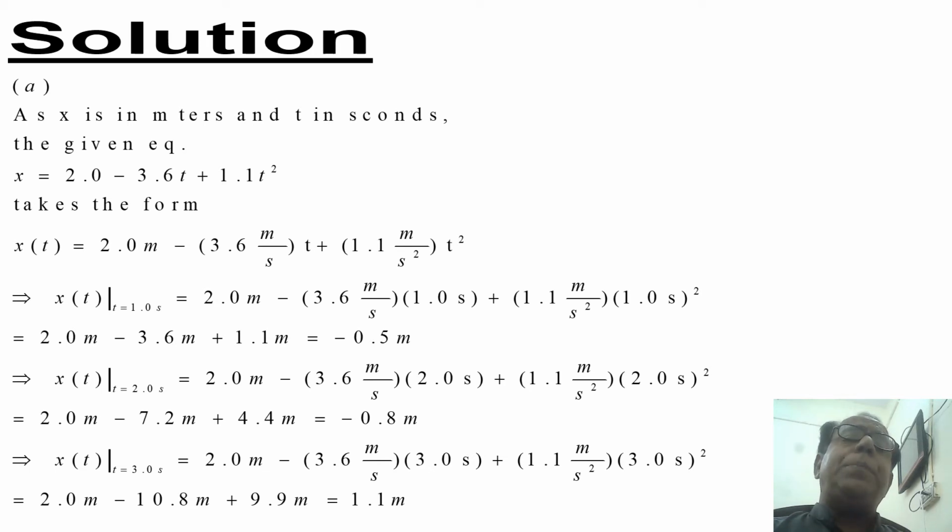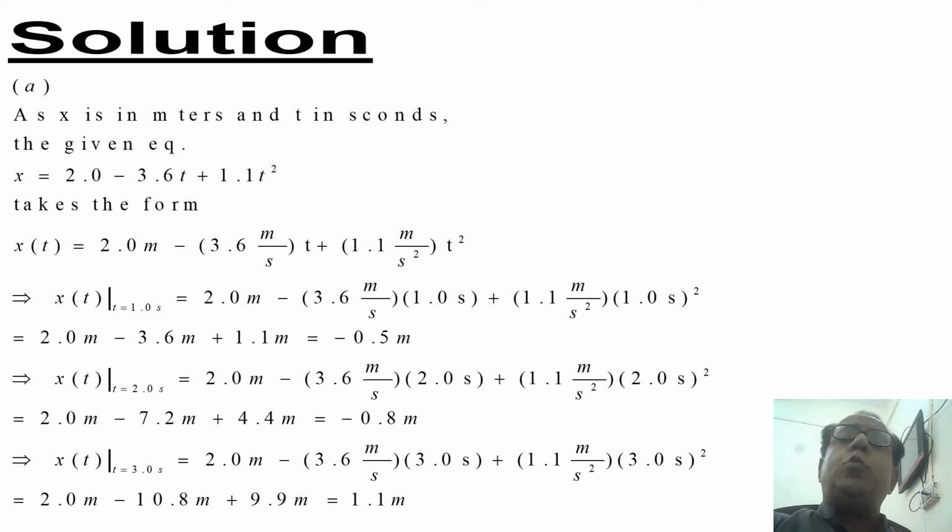This will become equal to 2.0 meter minus 10.8 meter plus 9.9 meter, and it will become equal to 1.1 meter after simplification. So x(t) at t equal to 3.0 second becomes equal to 1.1 meter.